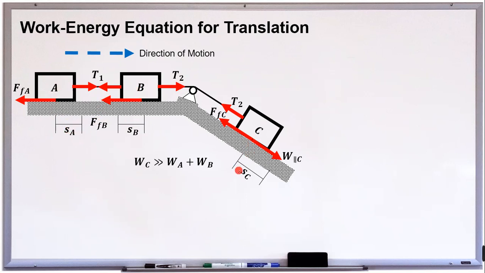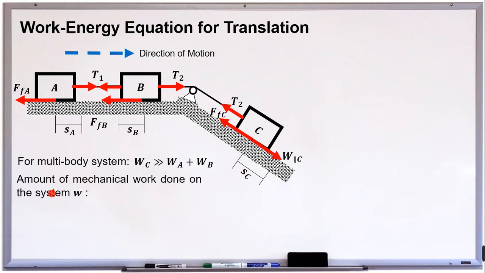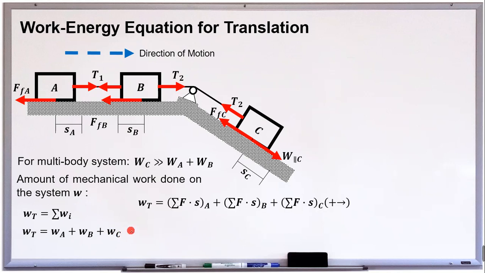And for C, we have S sub C. Now for a multi-body system, the amount of mechanical work done on the system is equal to the summation of the individual works for every object present in the system. So we have the work for A plus the work for block B, plus the work for block C.